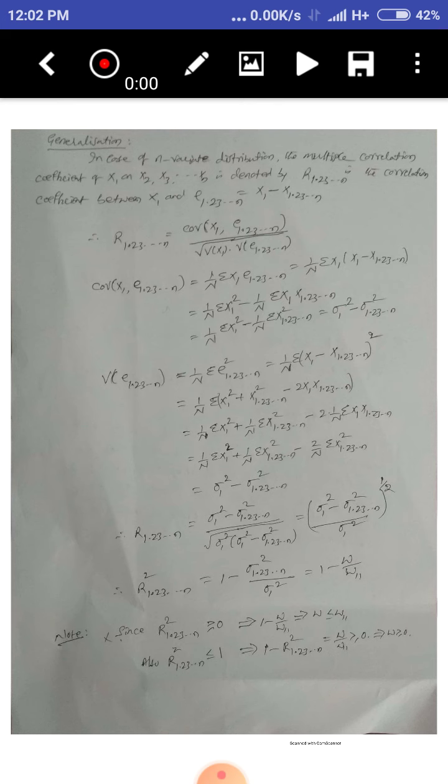So squaring on both sides, we will get R square 1.23 up to n equals 1 minus sigma 1.23 up to n square divided by sigma 1 square, or that equals 1 minus omega upon omega 1,1. The same procedure we applied before. In the previous case we discussed only 3 variables. Here we are discussing n variables. So understand, always R1.23 square is positive, okay, and 1 minus R1.23 square is less than 1.